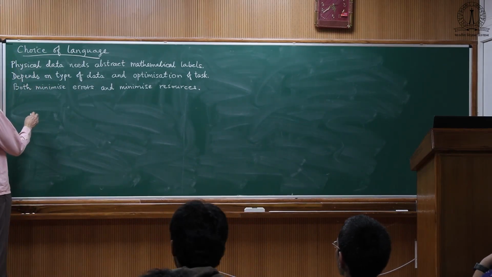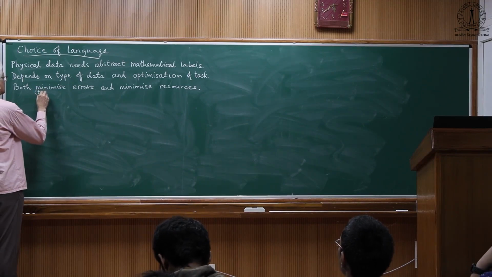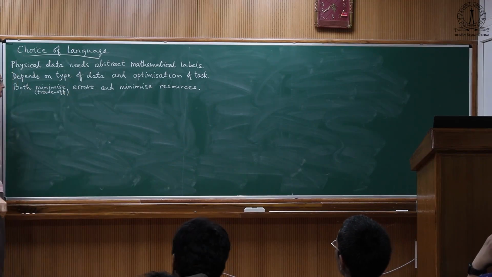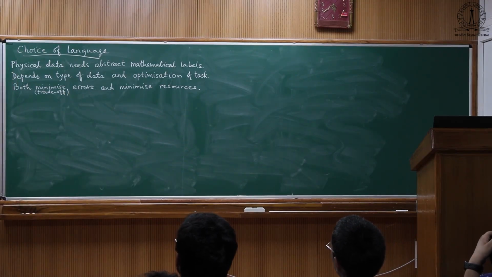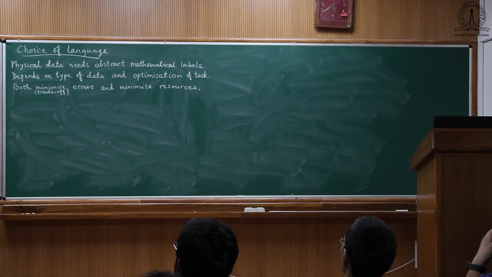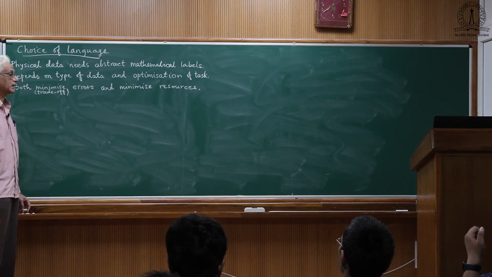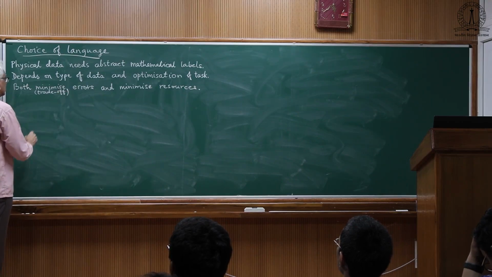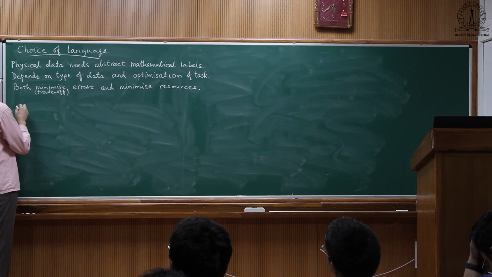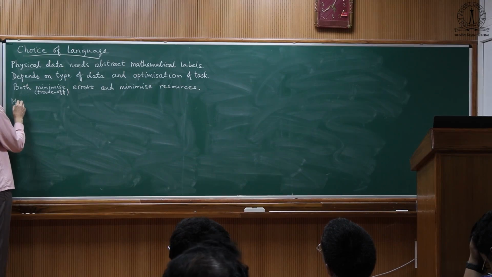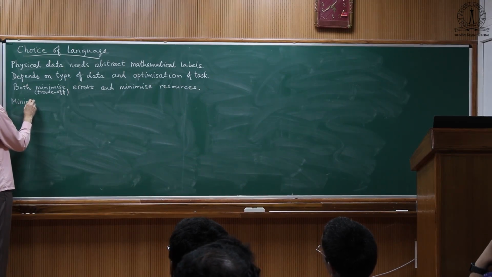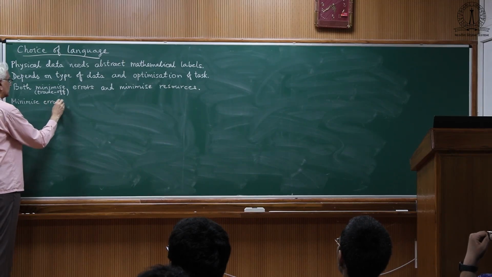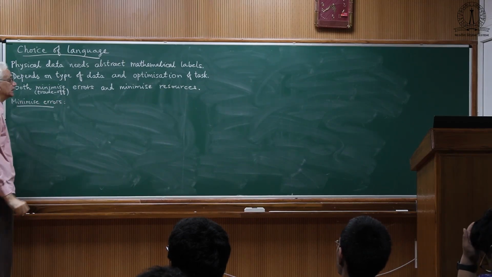And now we try to put these things together explicitly. Okay, so I will look at these criteria individually. What does minimization of error mean?